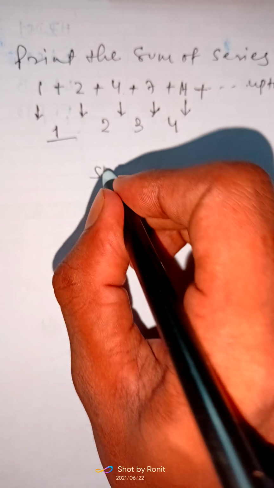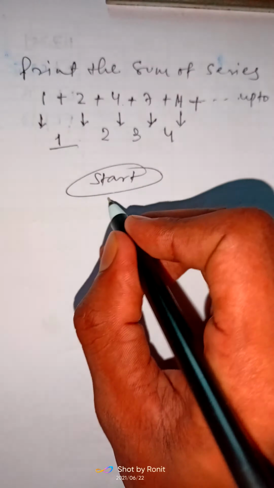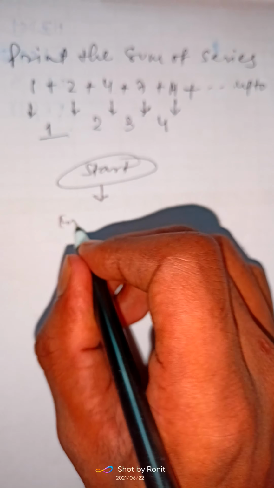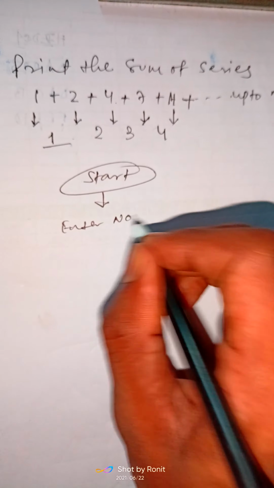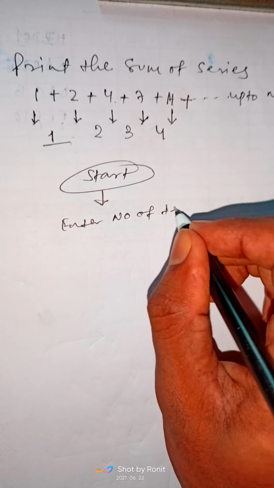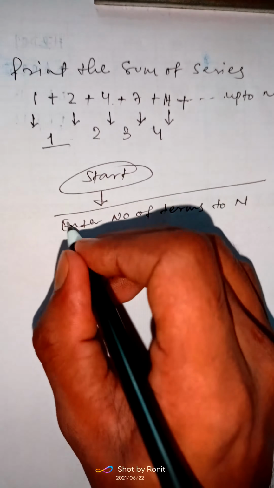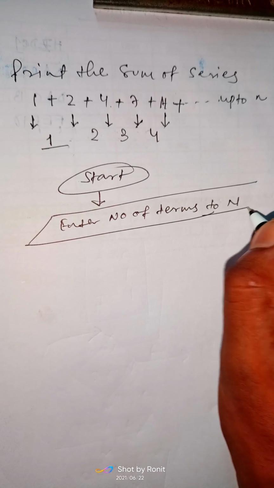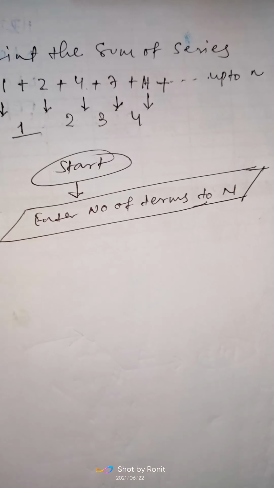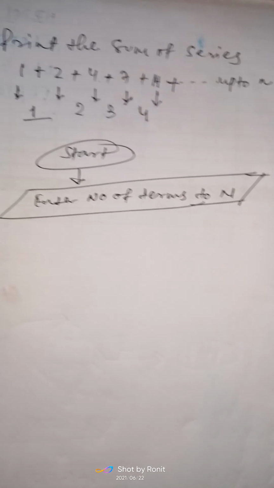Let's draw the flowchart for better understanding. We take the input, enter number of terms n.